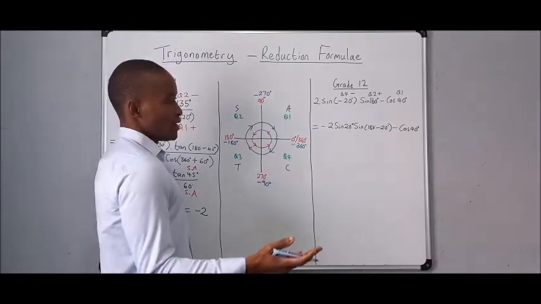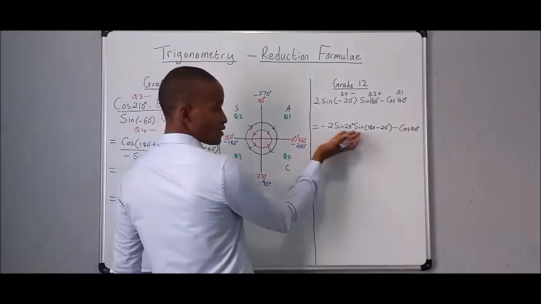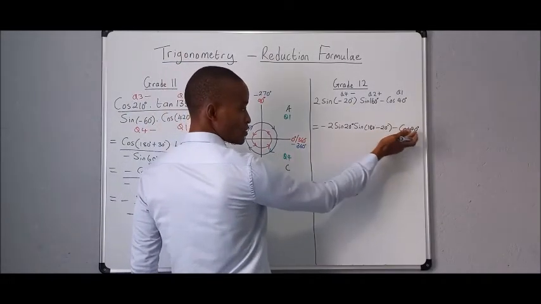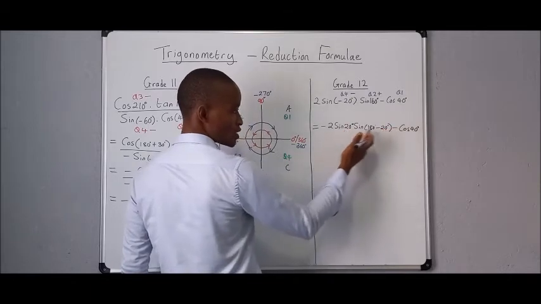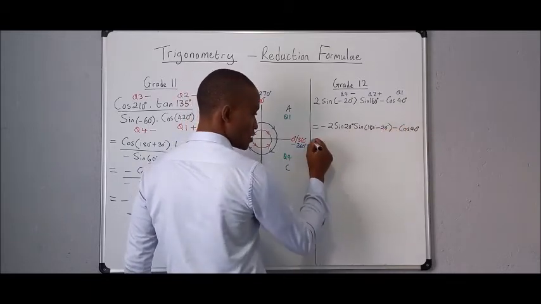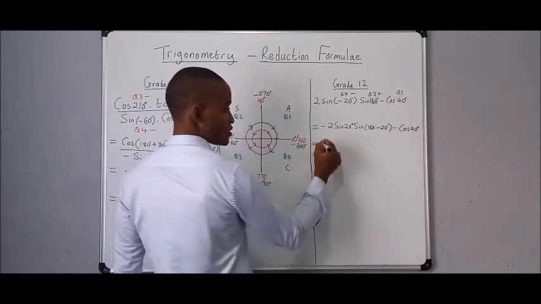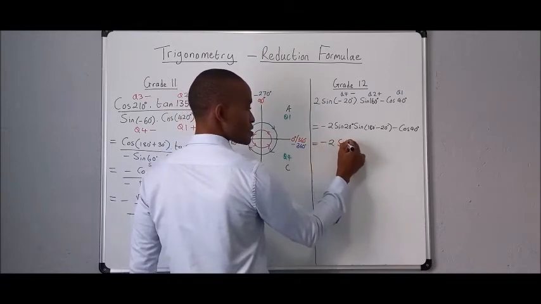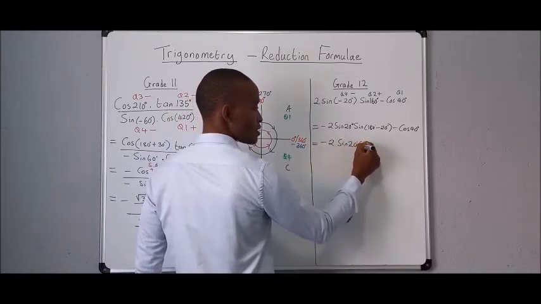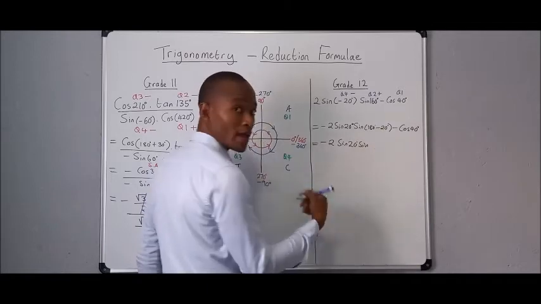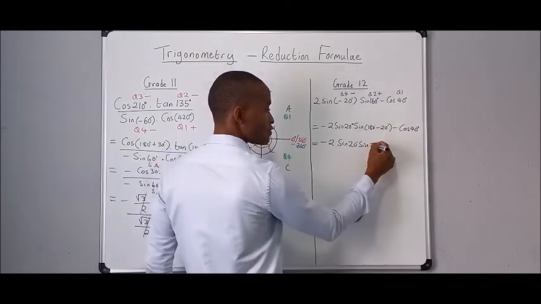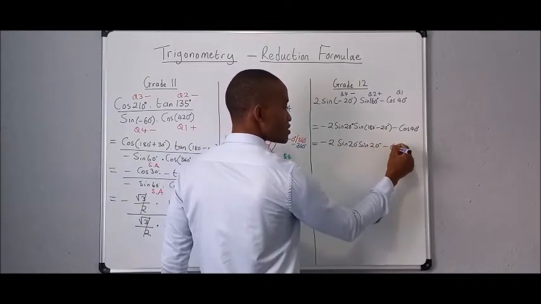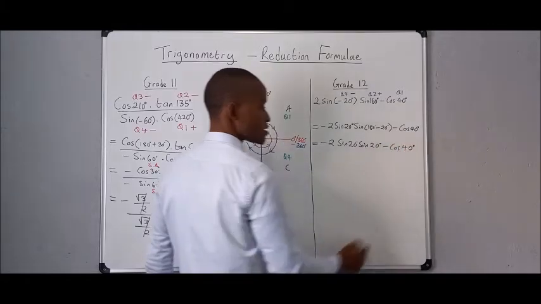We see that we are heading in the direction of a double angle identity for cos because we see a 20 and a 20 and a 40 degrees. So this becomes negative 2 sine 20 degrees, times sine reduced to its acute angle, sine of 20 degrees, minus cos 40 degrees.